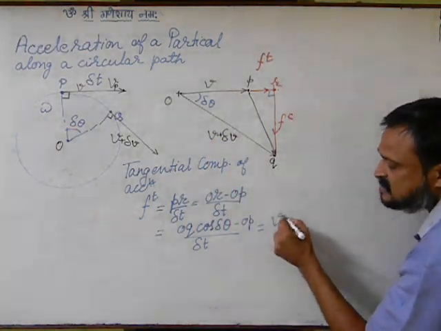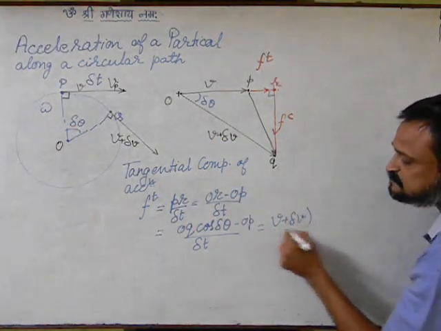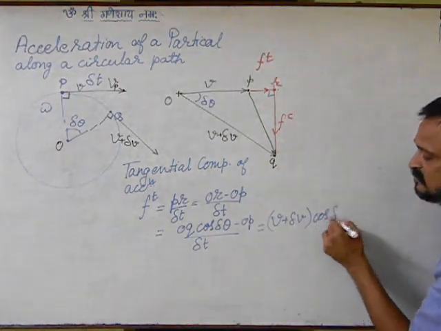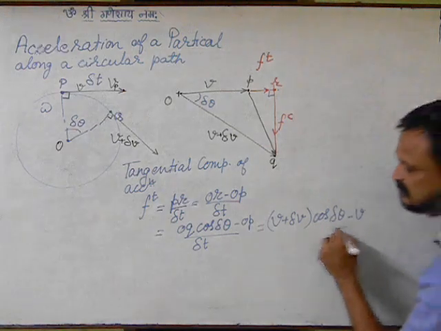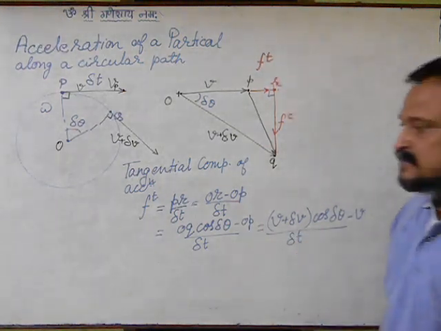What is OQ? OQ is V plus del V, cos of del theta, minus what is OP? OP is V, by del T. Fine.